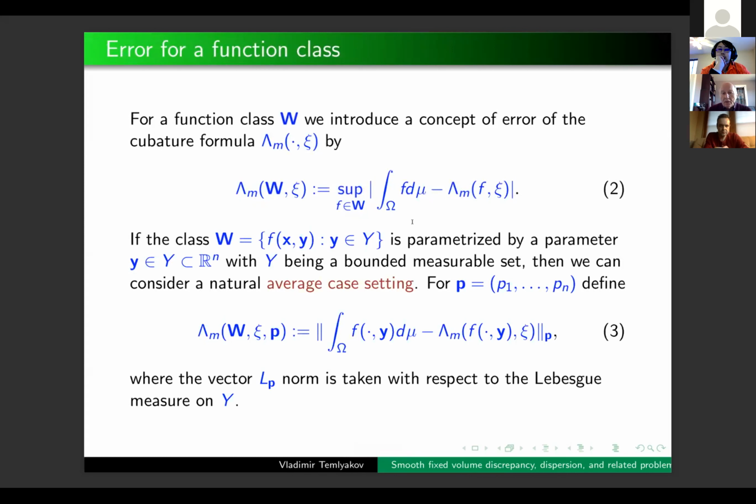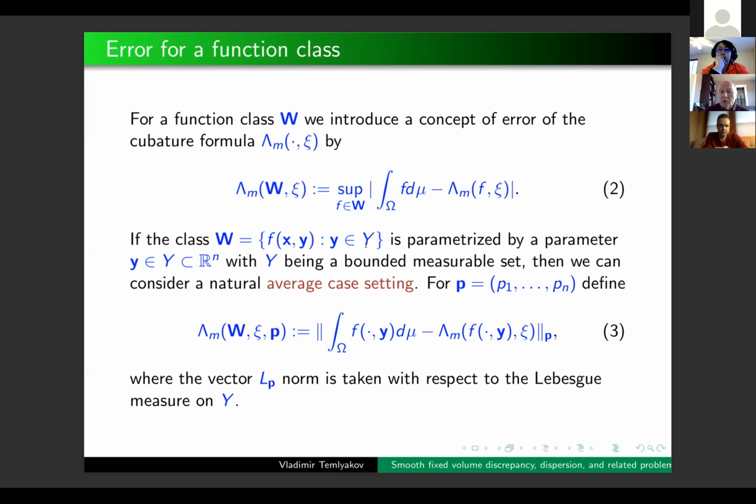The next step will be to take the infimum over all lambda and xi, but before we proceed to that step, let me make the following comment. This is an important comment because it translates into the discrepancy setting. It may happen that the function class W which we are talking about is parameterized with some y, and these are points from some set.